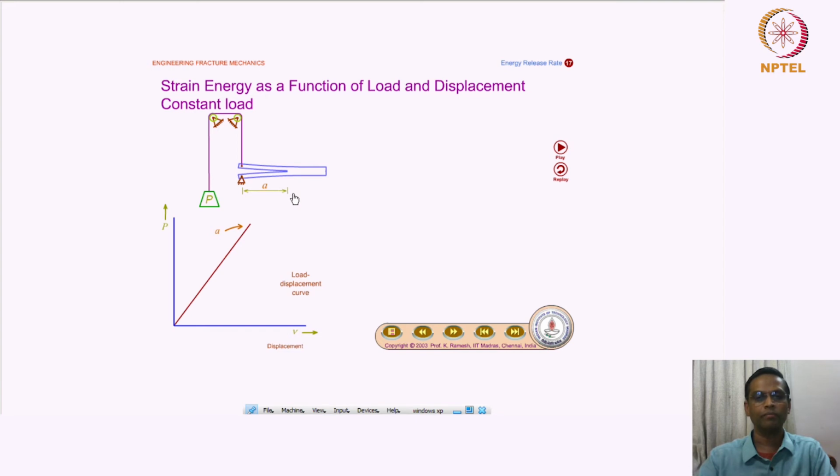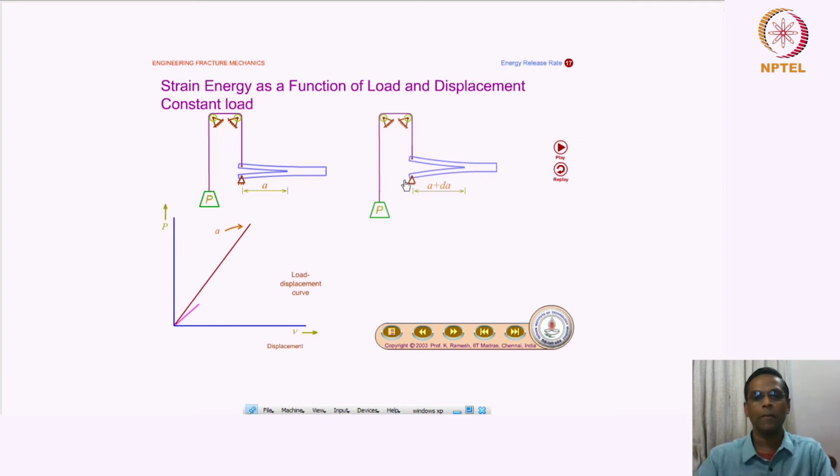You may ask, why are we interested in conducting these strain energy experiments for a constant load and constant displacement? Because in fracture mechanics these kinds of approaches make the mathematics very simple. We will just see how. There is another test we are comparing here with a different crack length.